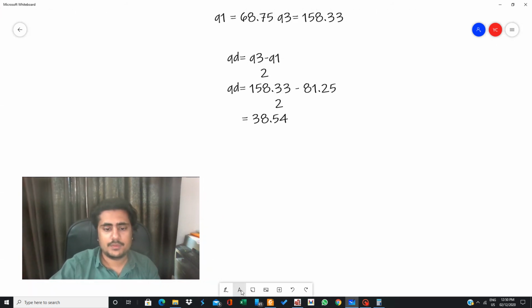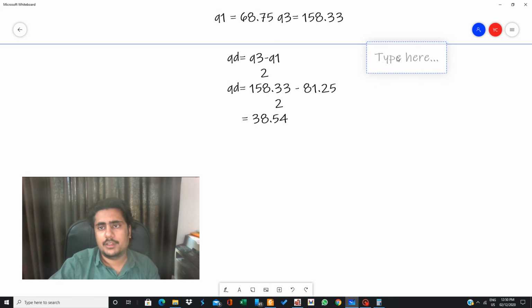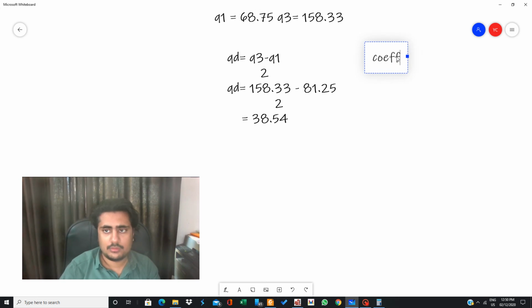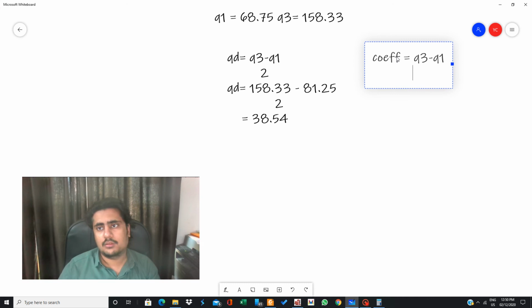You have to find the coefficient also. Q3 minus Q1 upon Q3 plus Q1.